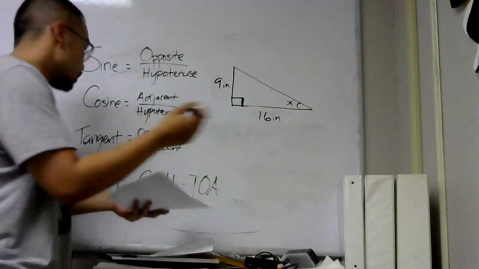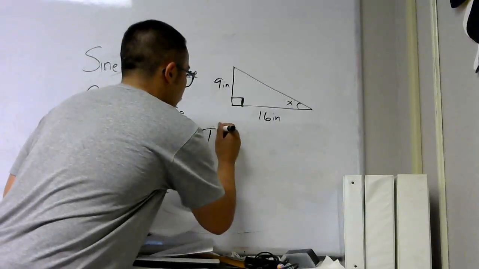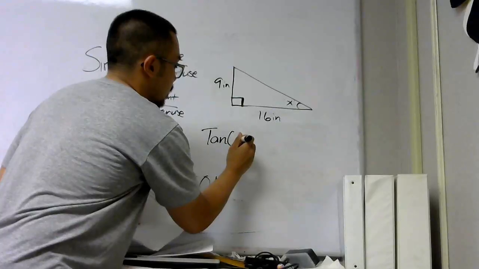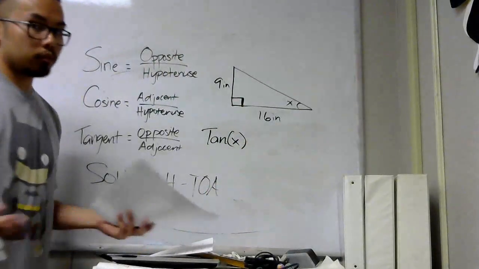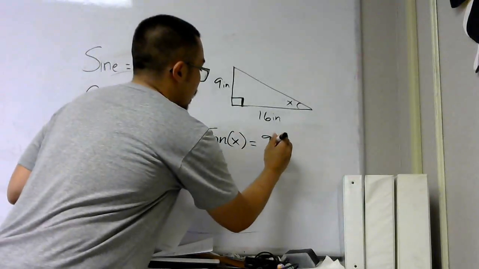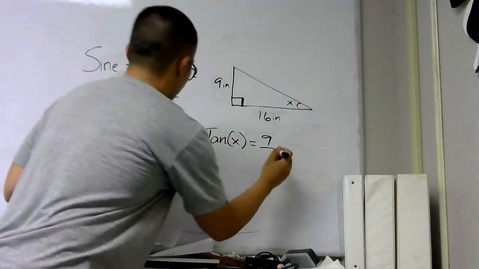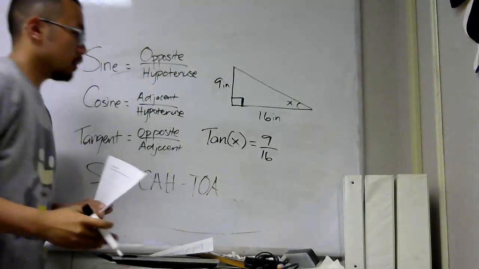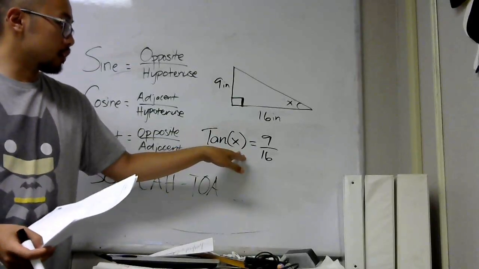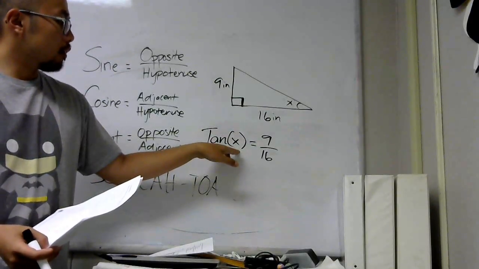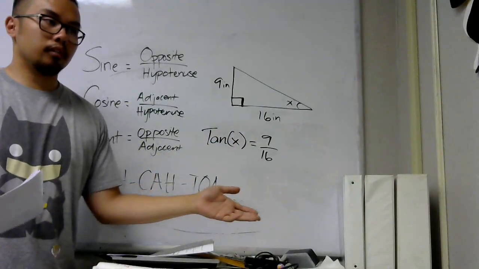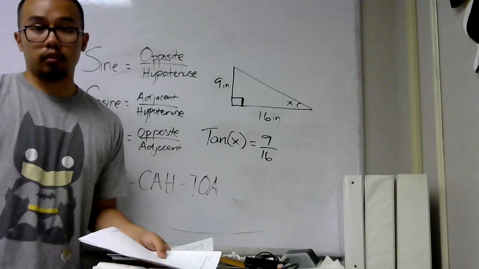So we just plug stuff in. Tangent, and this is where it's a little different. For the parentheses after tangent, we're going to put x because we don't know what it is. And we're going to do opposite, which is 9, over adjacent, which is 16. What we have to do to find what x is, is find the opposite of this. And the opposite, in math, we just call the inverse.